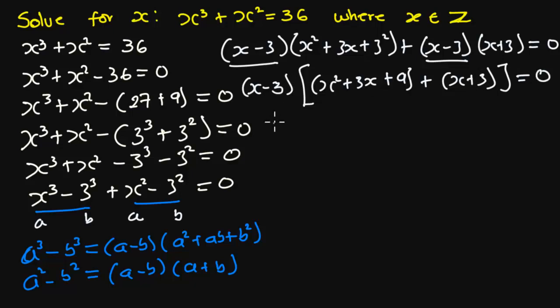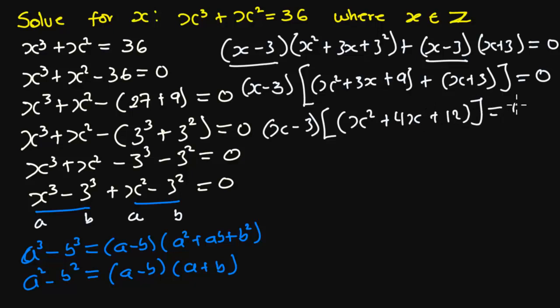Now you are going to have x minus 3 multiplying x squared, so 3x plus x gives 4x, and then 9 plus 3 gives 12. So this will be equal to 0. So let me rewrite this properly. So you are going to have x minus 3 multiplying x squared plus 4x plus 12 is equal to 0.